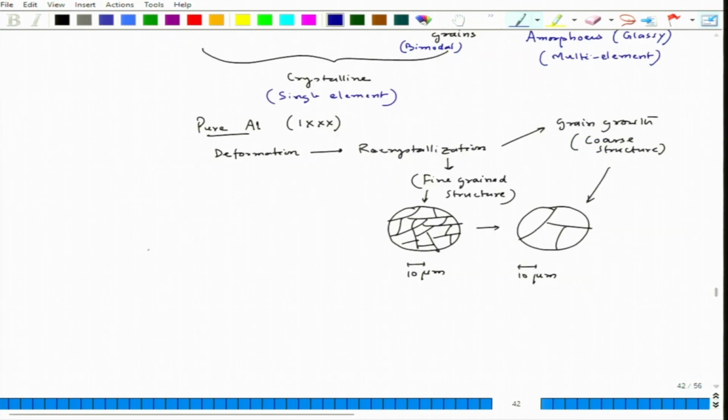Now, if we remain in the region between grain growth and recrystallization, in the in-between zone, we can actually control the grain size. Some grains will grow, some grains will remain in the fine state.